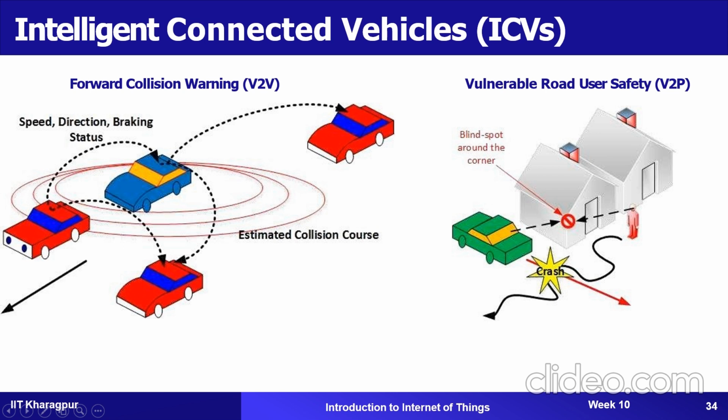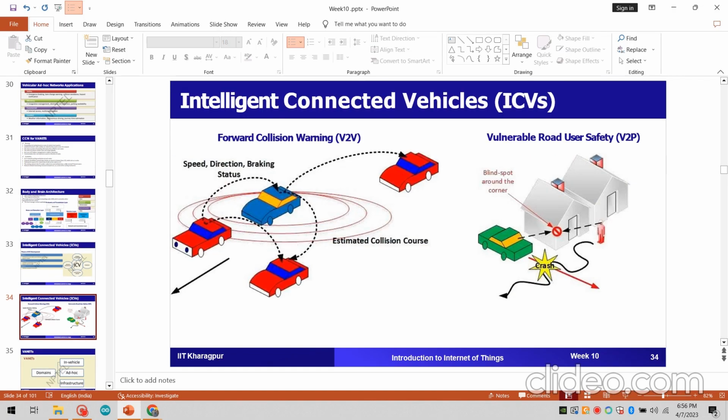So basically the intelligent connected vehicle will generate some alert or alarm automatically, which will ask the driver to slow down the speed, or which can also send the alert to the nearby infrastructure which is there in the road.